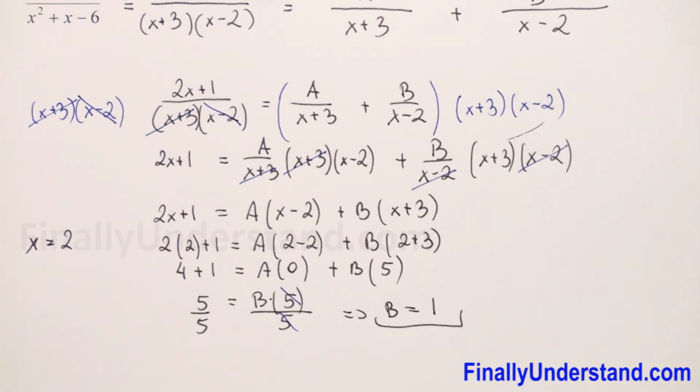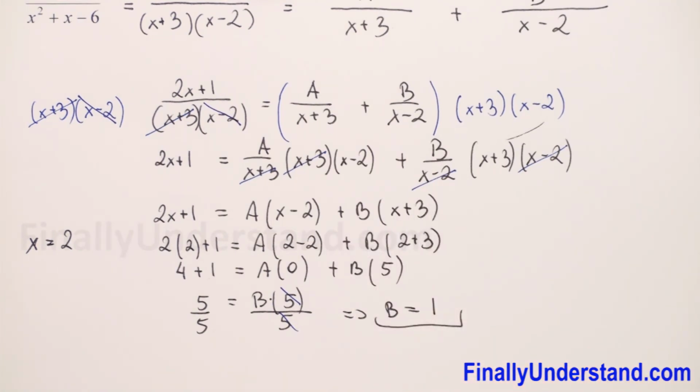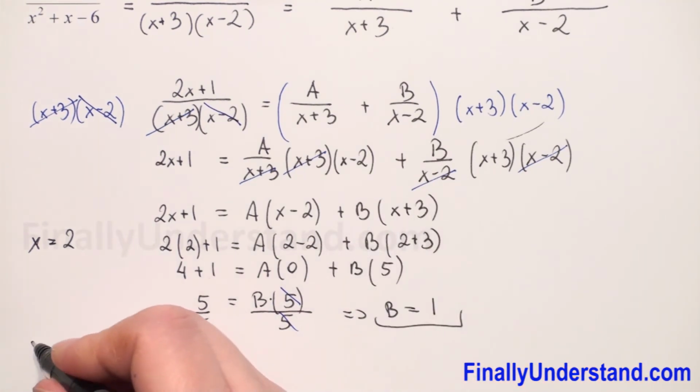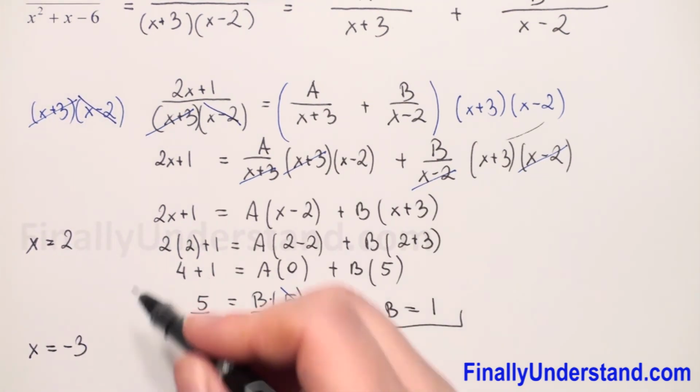We found b, now we need to find a. Like I said, we will now substitute x by -3, so the b term will reduce. So for x equals -3, what will it be?